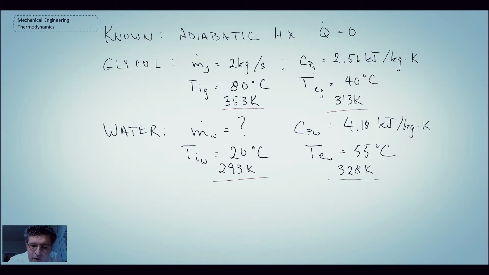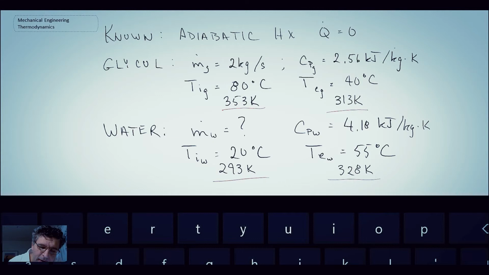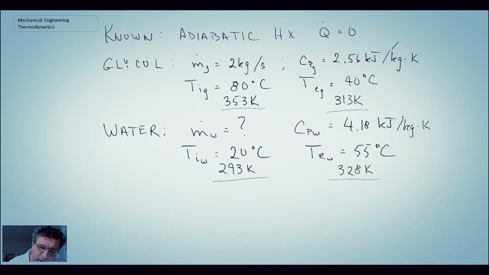Another thing to note, I'm using kilojoules per kilogram Kelvin. There is no difference between kilojoules per kilogram Kelvin and kilojoules per kilogram degrees C, which they have in the problem statement. So don't get those two confused. They're the same thing because a degree Celsius and a Kelvin are the same.